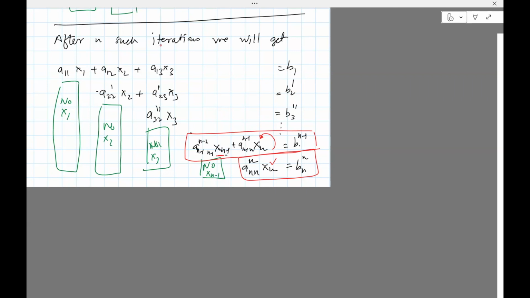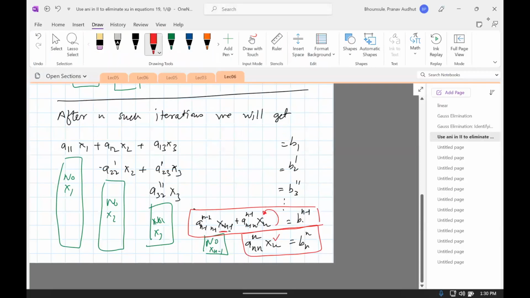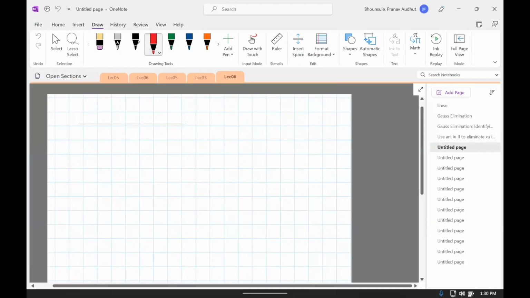So there's one step where we go down, eliminating the lowest order coefficients, so x1, x2, x3, so on. And then once we get that, we are able to solve for xn, then xn minus 1, then xn minus 2, and so on. So let me just write this down, so when you refer to it, you know what we're doing.